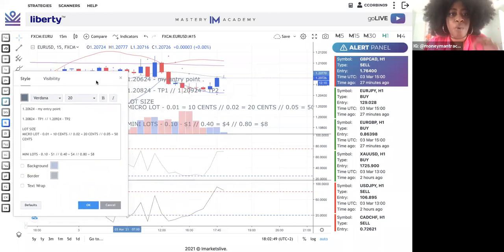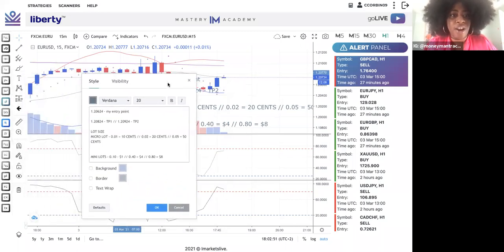So now the equation to actually figure out how much money you're going to make is your pips, however many pips you calculated, times your lot size value.